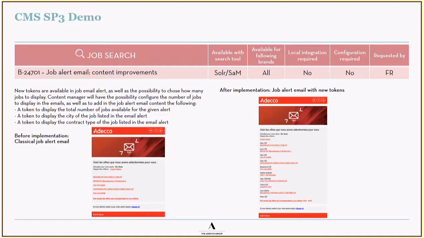We will have a new token to display the city of a job listed in the email alert, as well as another token to display the contract type. On top of that, there will be a new parameter, so the content manager will be able to configure the number of jobs to show inside the email alert itself.